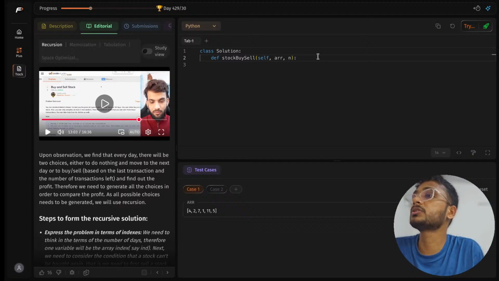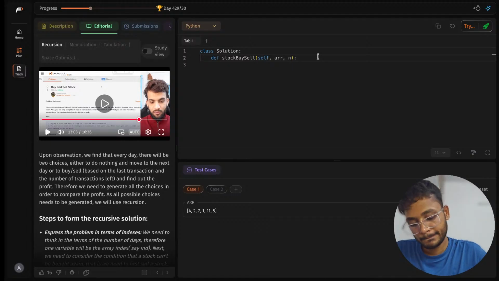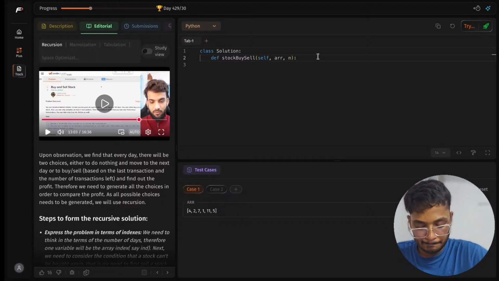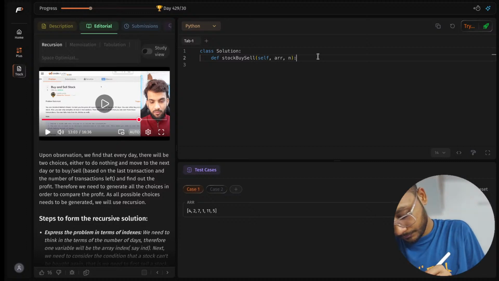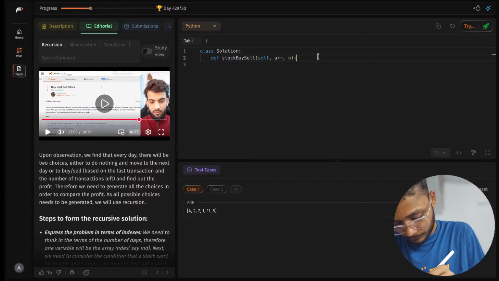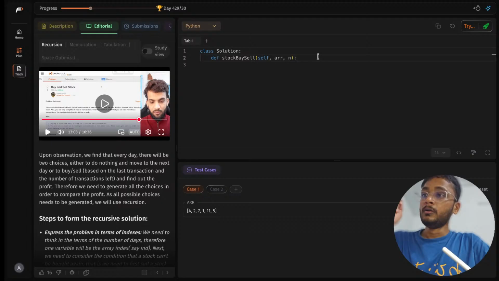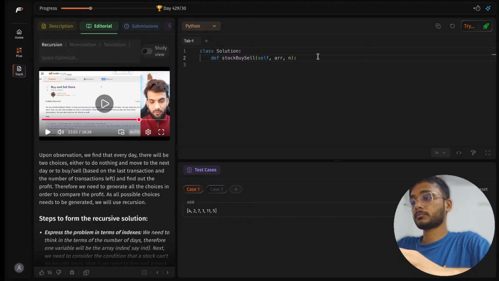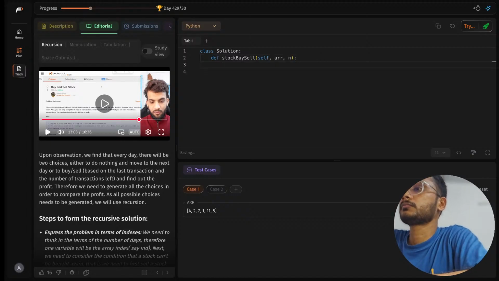If I use a DP of 3D size, then I can solve it. So let me note down first.